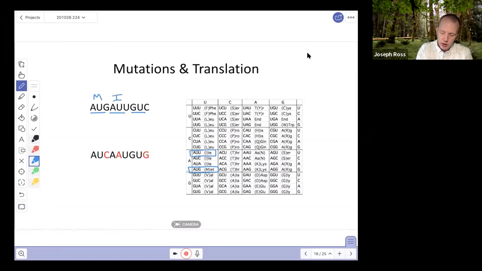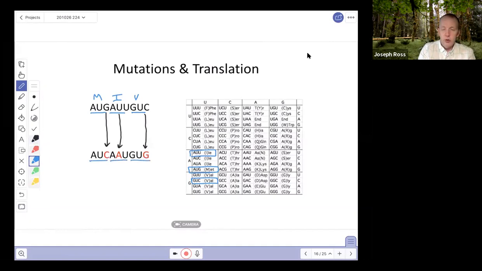And then we've got GUC that encodes valine, because that's a 3 amino acid exon. And then below, I've indicated what happens if 3 of those different nucleotides become mutated. So we're going to take a quick look at how that influences the translation of the sequence.